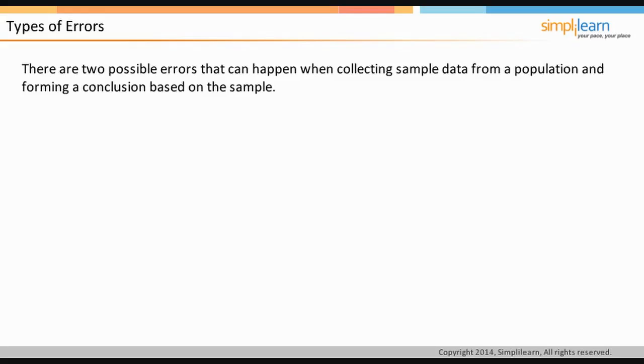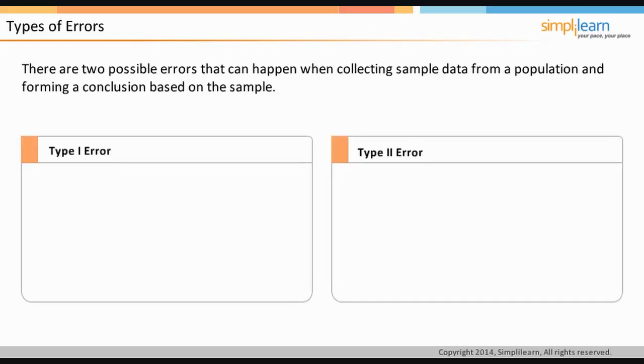In this screen, we will learn about the types of errors. When collecting data from a population as a sample and forming a conclusion on the population based on the sample, you run into the risk of committing errors. There are two possible errors that can happen: type 1 error and type 2 error. The type 1 error occurs when the null hypothesis is rejected when it is in fact true.